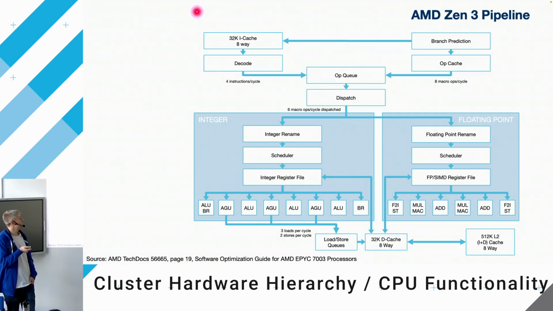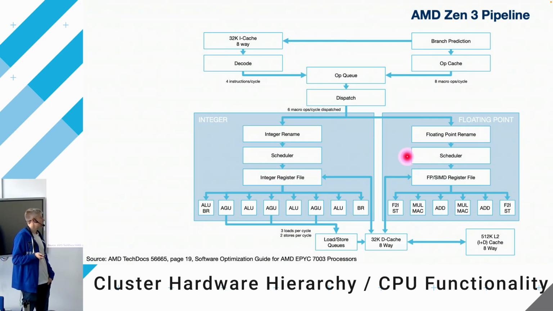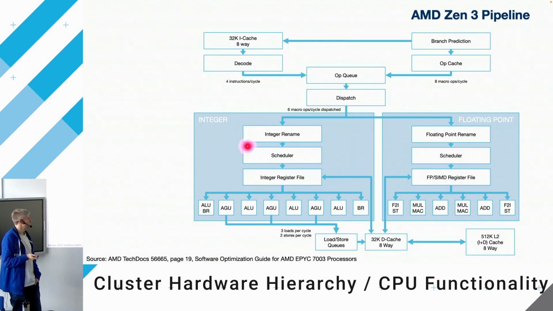We have our fetch here, we have this branch prediction, we have an operation queue, this decoding stage here, then we have a dispatch, we have this split into an integer and floating point unit here, and then we have a scheduler, and then we have this row of execution units, and then the instructions have to go through here and then be dispatched, and it's all a lot more complicated.